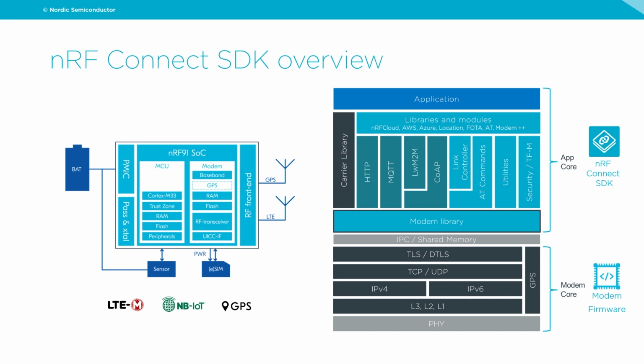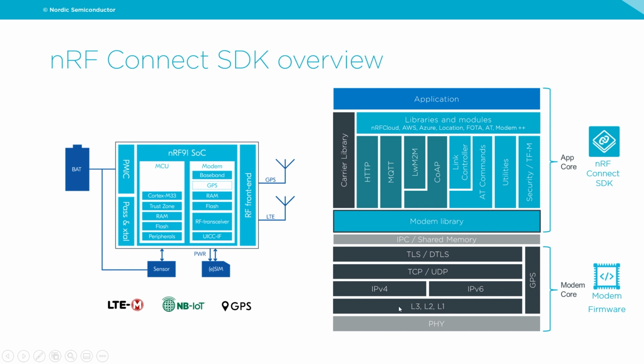If you look on the right-hand side, you have the nRF Connect SDK, the layers for the cellular side. You can see the bottom layers are included inside the modem firmware, and the top layers are inside the nRF Connect SDK. The bottom layers go all the way from PHY up to TLS, DTLS.